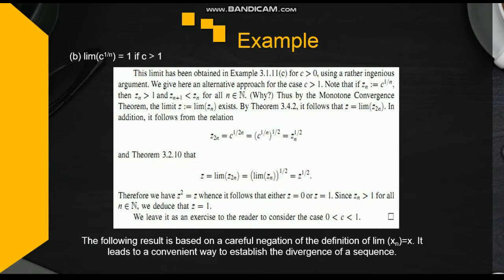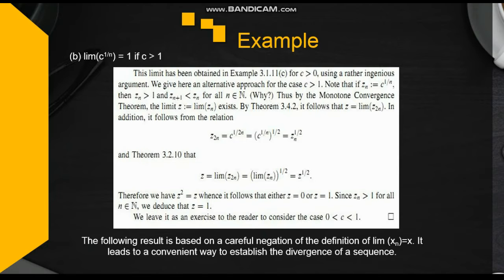In this solution, we get z^2 = z, hence it follows that either z = 0 or z = 1. Since z_n > 1 for all n, we deduce that z = 1. We leave it as an exercise to the reader to consider the case 0 < c < 1. QED.